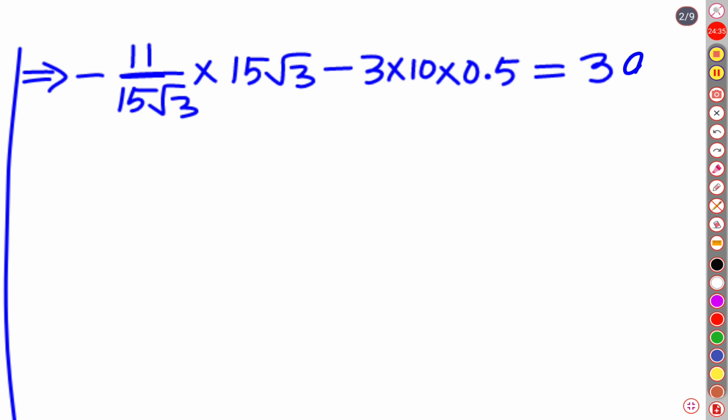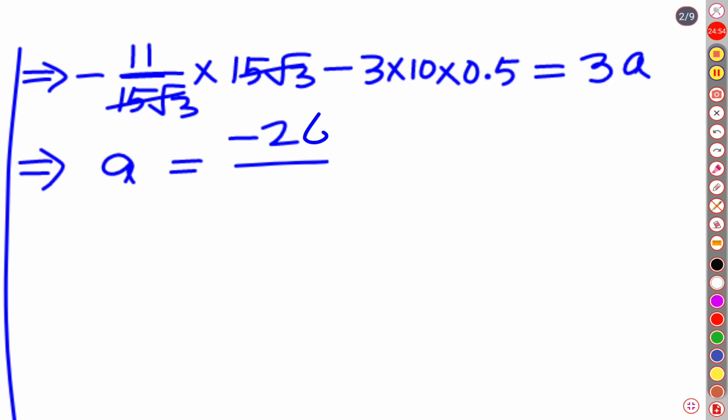So it is a. After simplification, we will get 11 minus 15, so negative 26 over 3. So a is equal to negative 26 over 3. This is our acceleration of particle A when the string breaks.